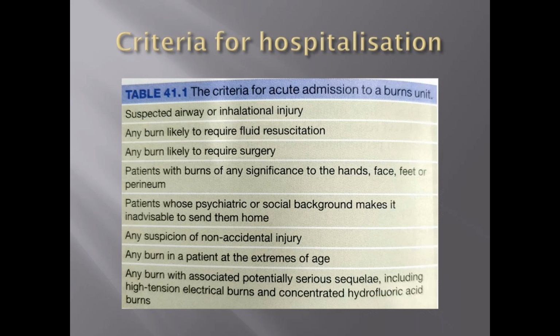Patients whose psychiatric or social background makes it inadvisable to send them home. Any suspicion of non-accidental injury. Any burn in a patient at extremes of age. Any burn with associated potentially serious sequelae, including high-tension electrical burns and concentrated hydrochloric acid burns. So these are the criteria for acute admission.